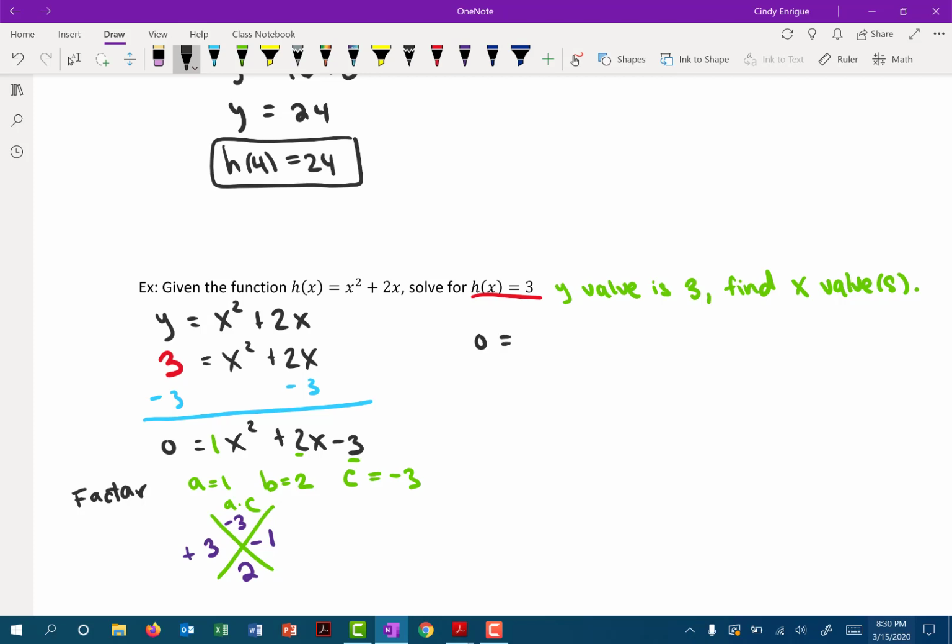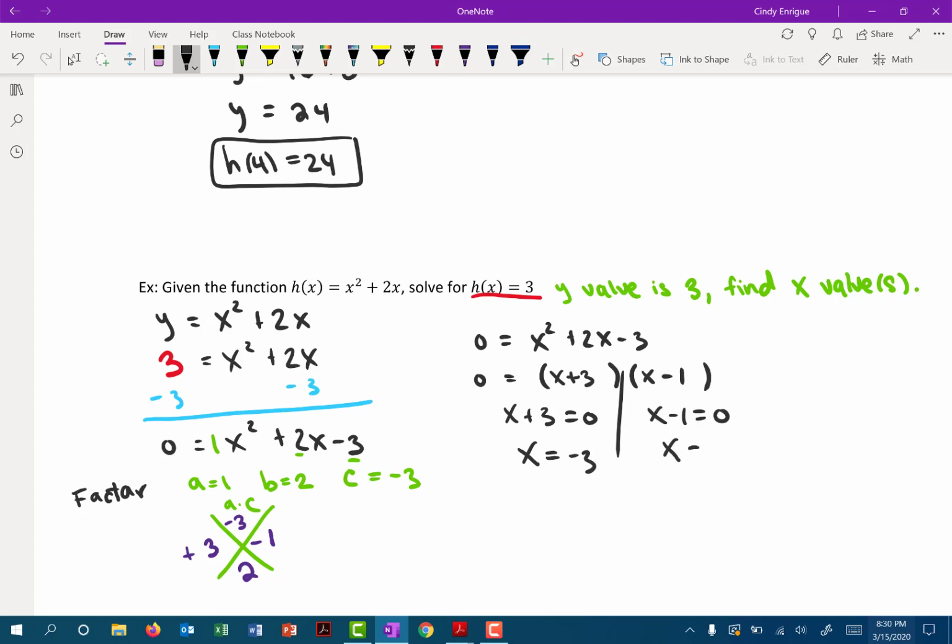So I still have x squared plus 2x minus 3. I did my work, and now I'm going to have x plus 3 and x minus 1 since I had factored. So I'm going to have x plus 3 is equal to 0, and x is equal to negative 3. x minus 1 is equal to 0, so x is equal to a positive 1.